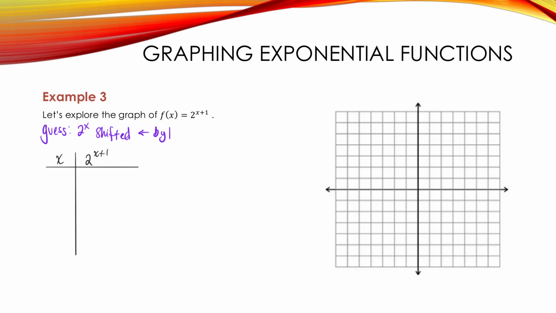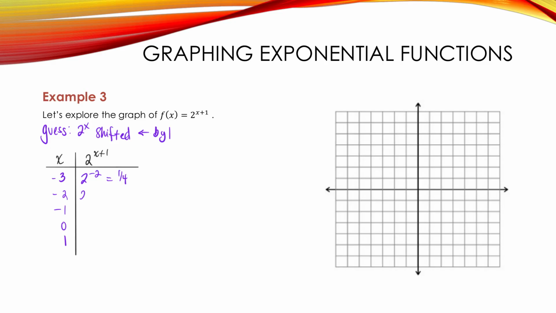All right, let's look at some values. If we had negative 2 last time, if we go to the left, that would be negative 3. And then we had negative 2, negative 1, 0, and 1. Let's see what happens. If I look at negative 3, that would be 2 to the negative 2, which we know is 1/4.